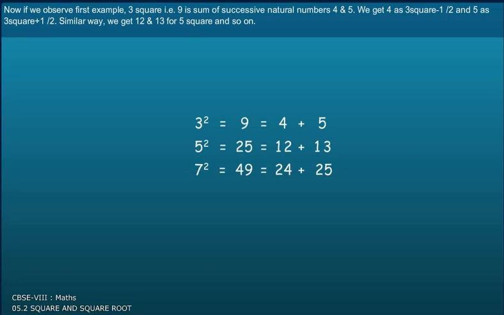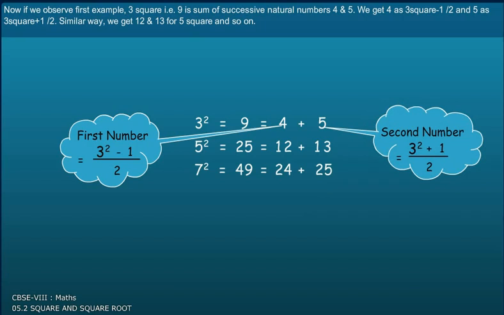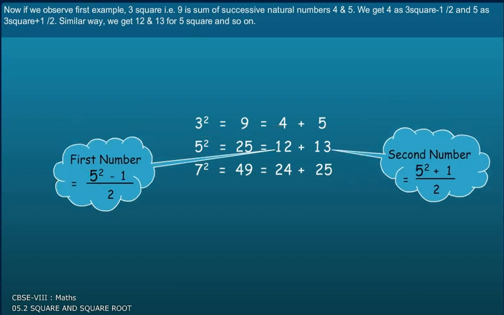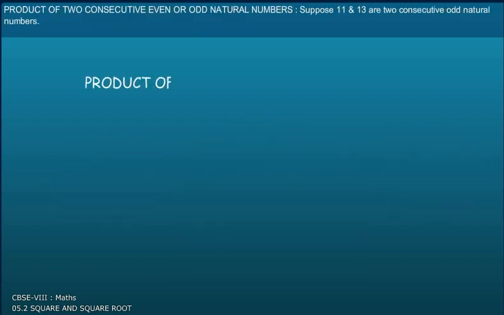Now, if we observe the first example, 3 square, that is 9, is a sum of successive natural numbers, 4 and 5. We get 4 as 3 square minus 1 by 2 and 5 as 3 square plus 1 by 2. In a similar way, we get 12 and 13 for 5 square and so on.